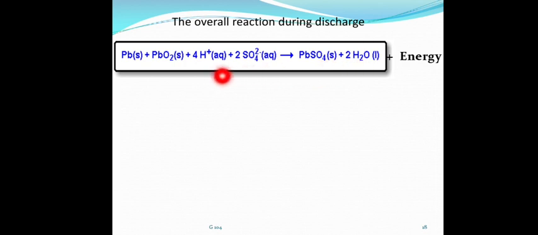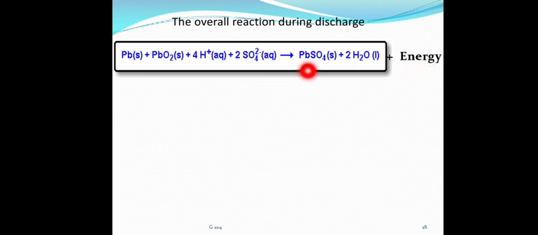So instead of sulfuric acid, water is found. What happens to the concentration of sulfuric acid? It is reduced. But due to the flow of electrons from Pb to PbO2, energy is produced. What is that energy? Electrical energy. So during discharge, Pb undergoes oxidation and PbO2 undergoes reduction, due to which electrons flow, which releases energy.